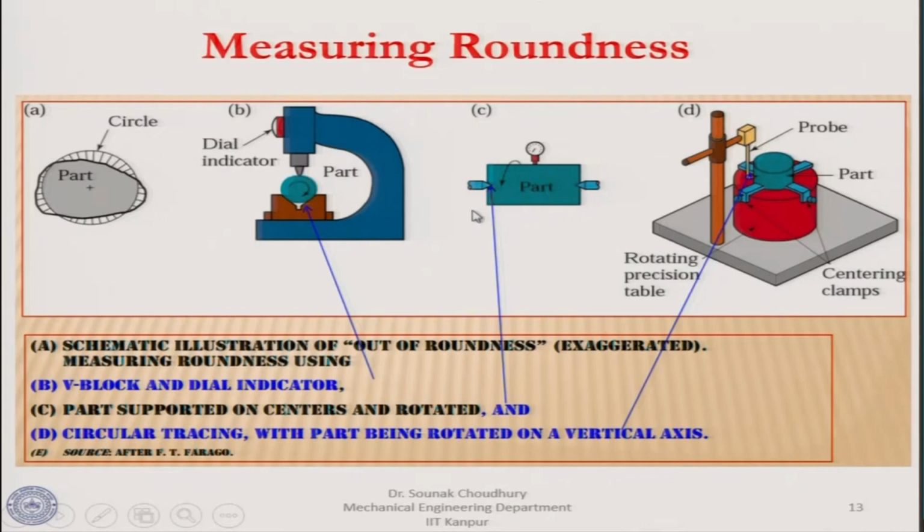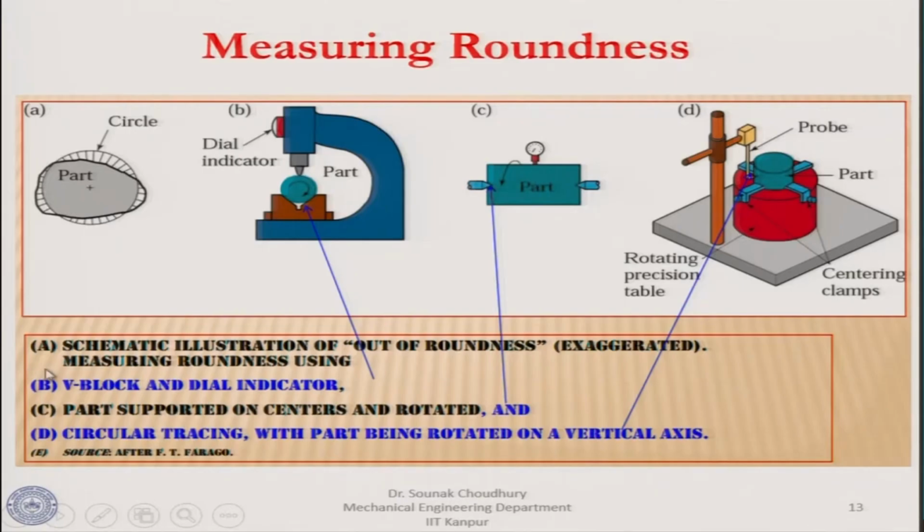Or it can be put on a V block, as I said, rotated manually, and there is a dial indicator with a stylus. This is inbuilt, and the dial indicator will show the out of roundness. This is the schematic illustration of out of roundness.